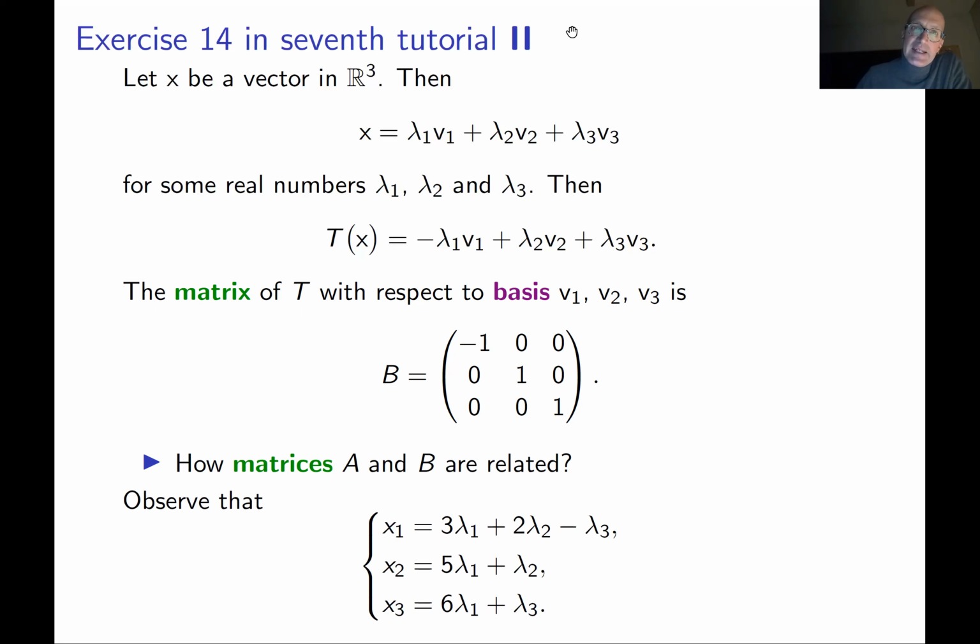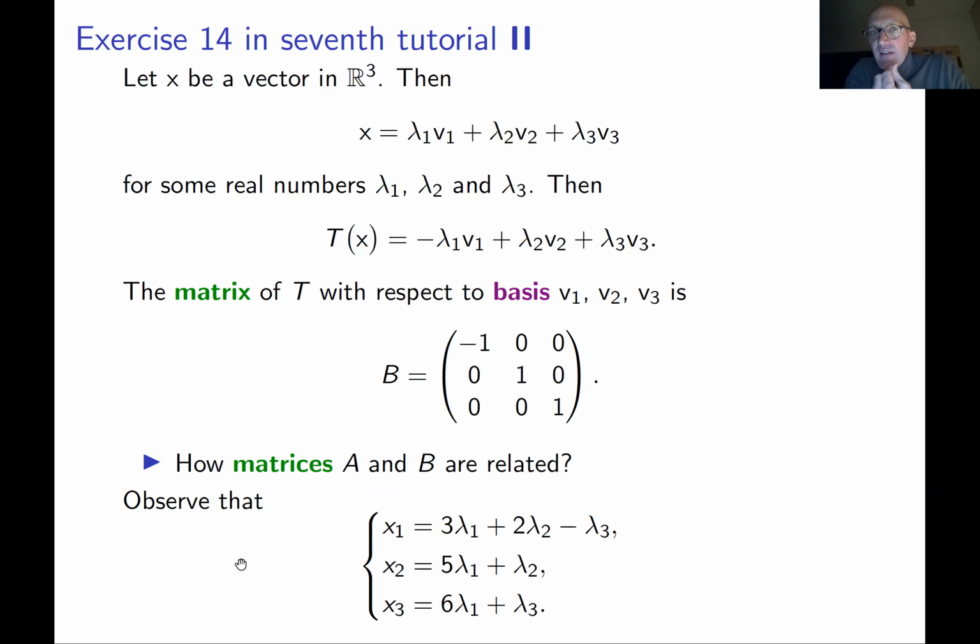We can express the coordinates of vector x in terms of the coordinates of vectors v1, v2, and v3 and these numbers lambda 1, lambda 2, lambda 3. You substitute here the coordinates of vectors v1, v2, and v3, you add these vectors, and then you get three numbers, and they correspond to the coordinates x1, x2, x3.